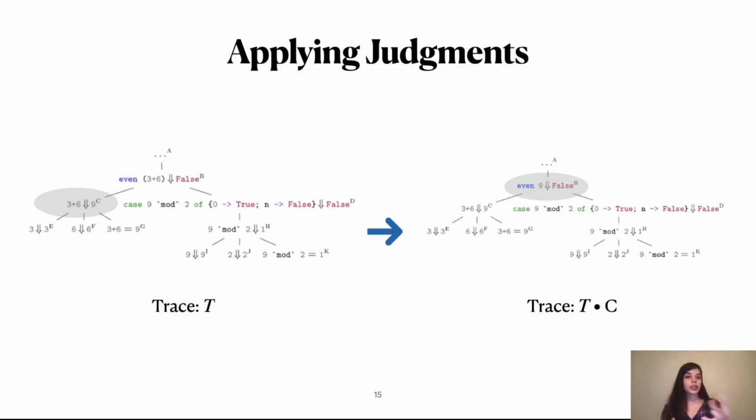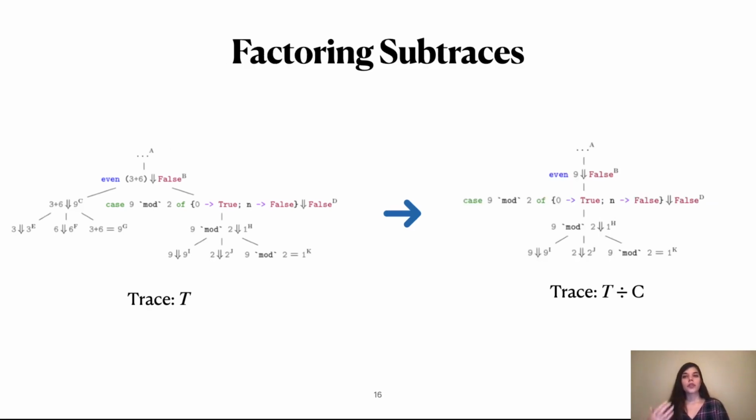So the subtree with root C, that is 3 plus 6 equivalent to 9, becomes redundant. It is not relevant anymore to this explanation, and so we should also remove this. So we never simply apply a judgment. We always factor these subtraces. That is, when we say we want to propagate this judgment to other parts of the trace, we also want to hide that subtrace. This is done using the factor operation.